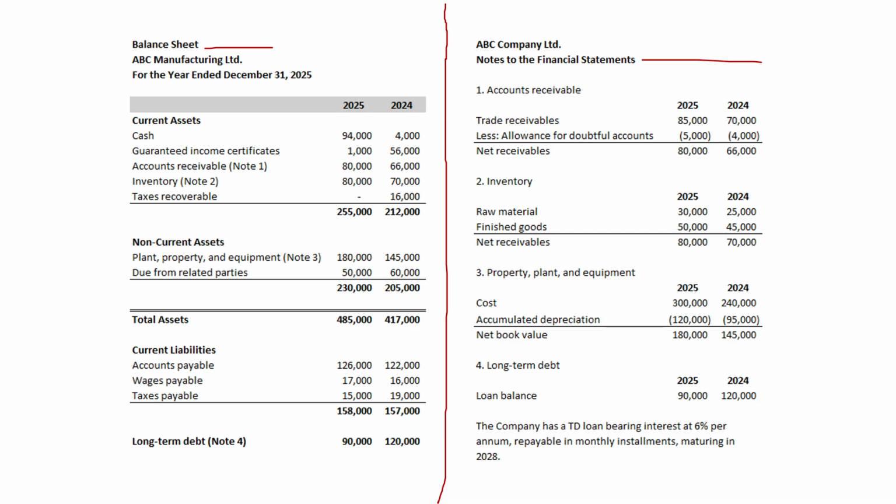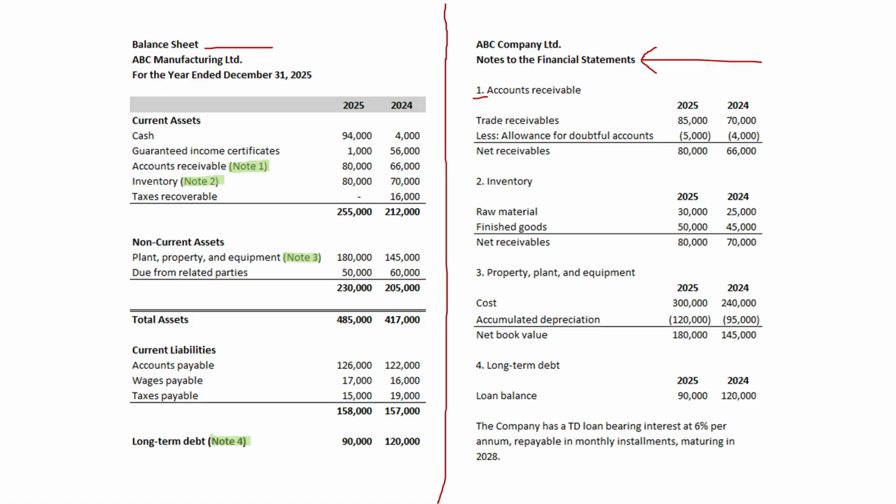The reason I'm showing both is that if some line item on either the income statement or the balance sheet has something in parentheses that says note 1, note 2, note 3, or note 4, you know that at the end of the financial statements, you can expect to find this set of notes to the financial statements.